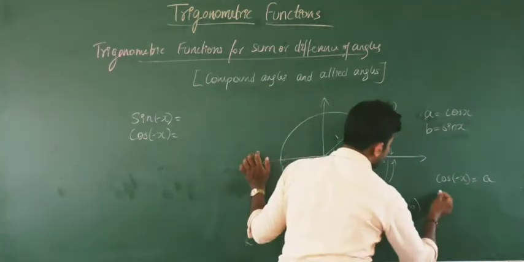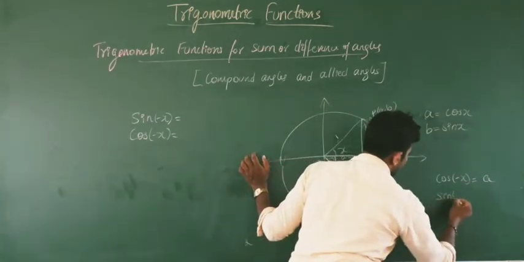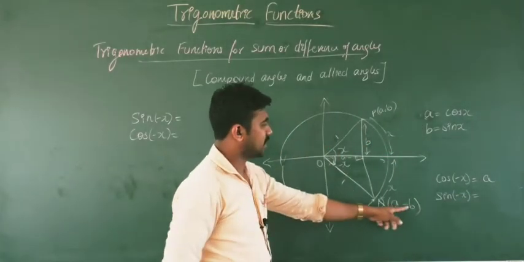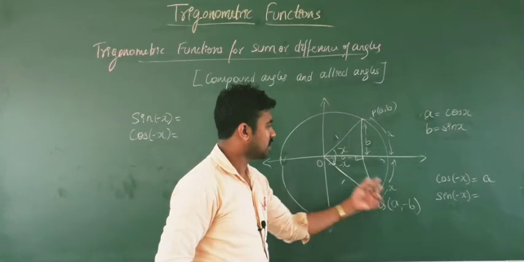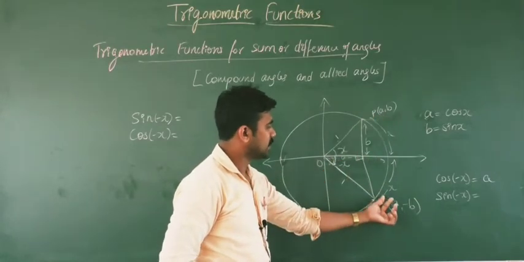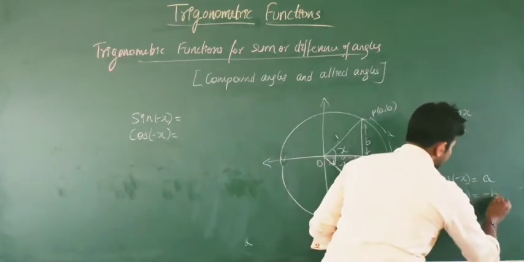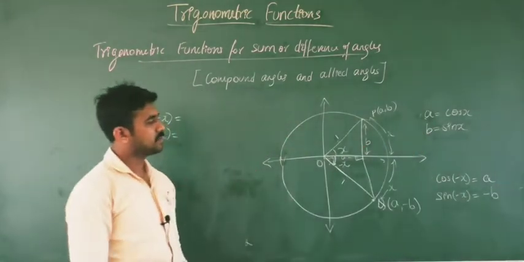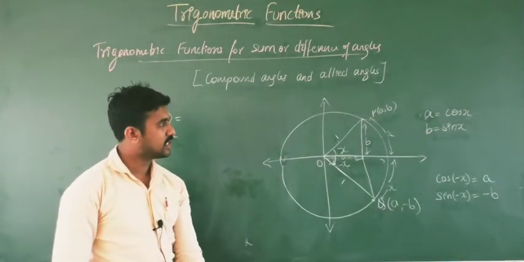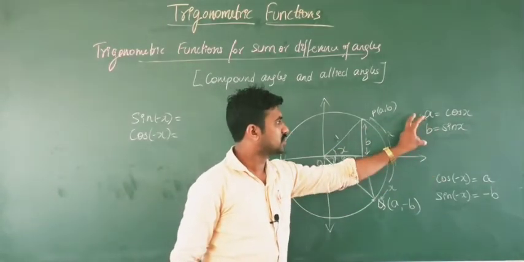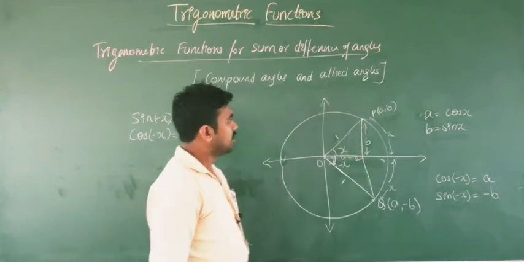Similarly, for sine of minus x, you can observe the first coordinate is cos of minus x, same as here, and the second coordinate is sine of minus x, that is minus b. Sine of minus x is nothing but minus b. So you got the value of a and b in both conditions.